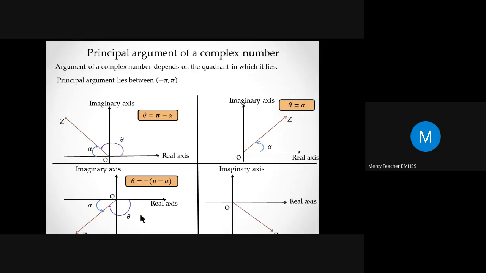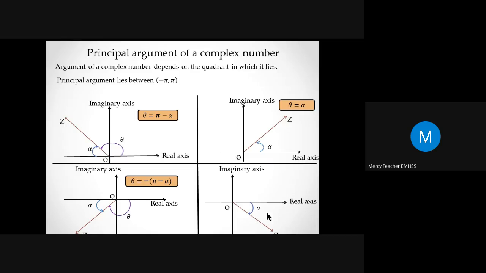Now the fourth and final case. If z lies in the fourth quadrant, how will you mark alpha here? Only consider the fourth quadrant, and alpha is nothing but the angle between the real axis and this line. So you will mark alpha like this. Can you tell me the principal argument for this part?